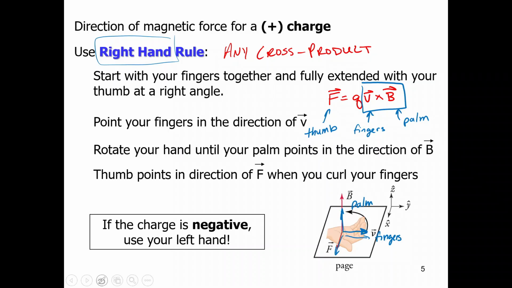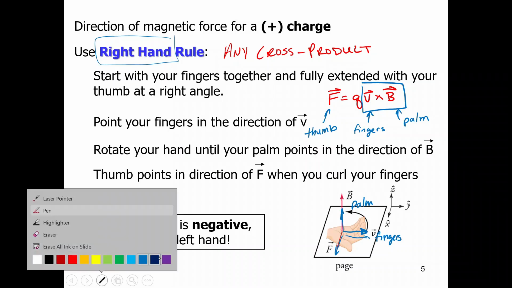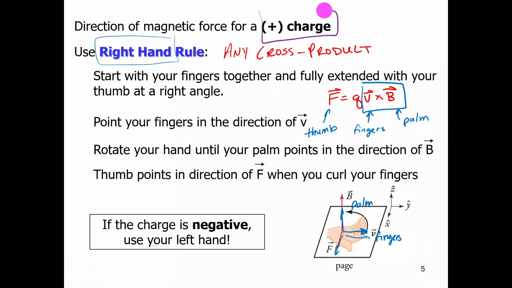So this rule is for a positively charged particle. If you have a negatively charged particle, negative means opposite. So you could do the right hand rule as it is written, and then just flip the direction of F. So in this case, F points towards the bottom of the page.